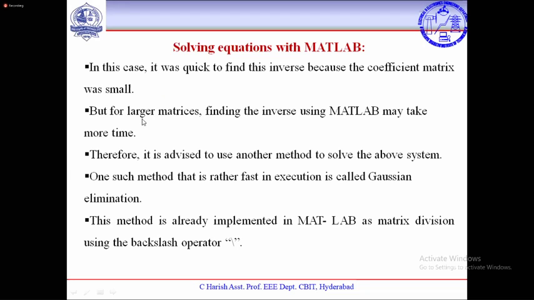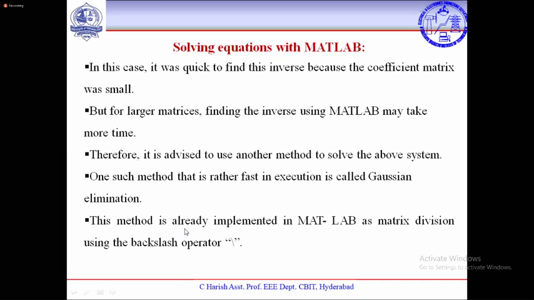In this case, it was quick to find the inverse because the coefficient matrix was small. But for larger matrices, finding the inverse using MATLAB may take more time. Therefore, it is advised to use another method to solve the above system. One such method that is rather fast in execution is called the Gaussian elimination method.